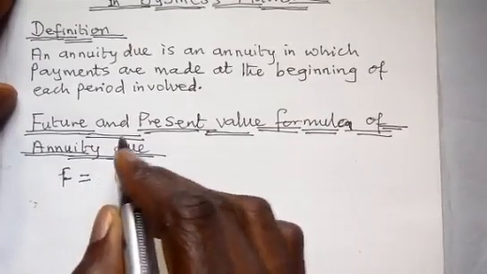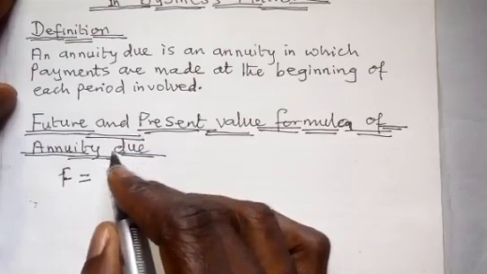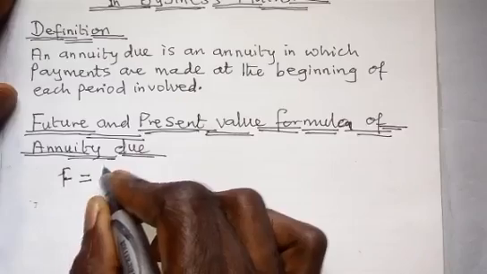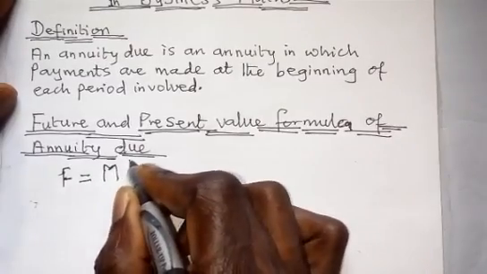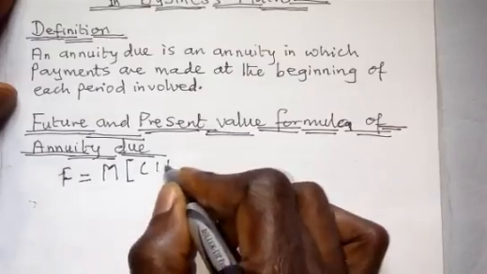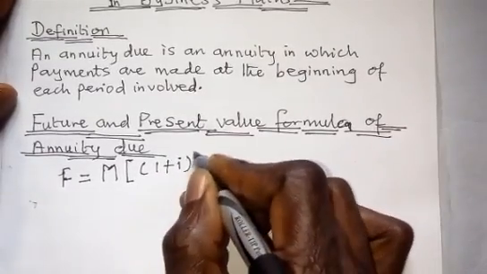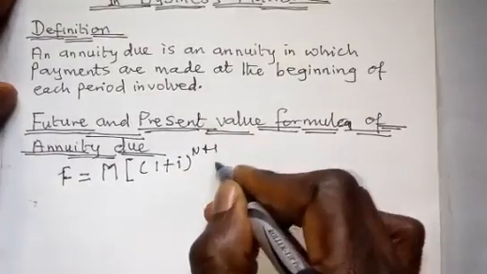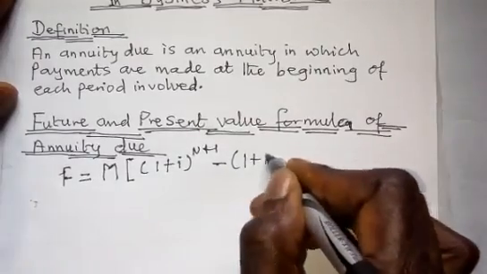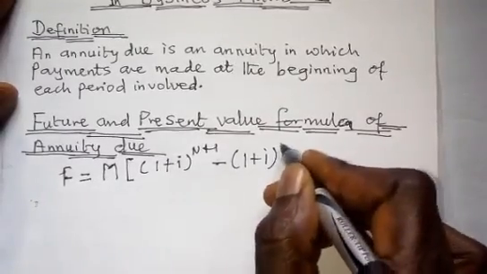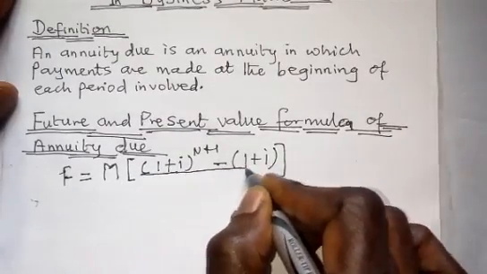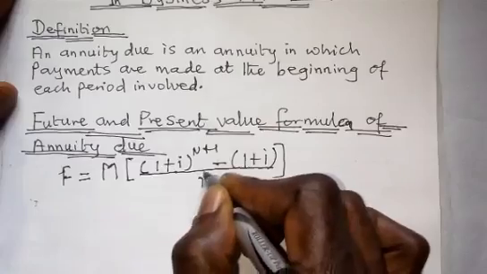For the future value of annuity due, we have F equals M, open bracket, 1 plus i, power n plus 1, minus 1 plus i, close the bracket and divide everything by i.